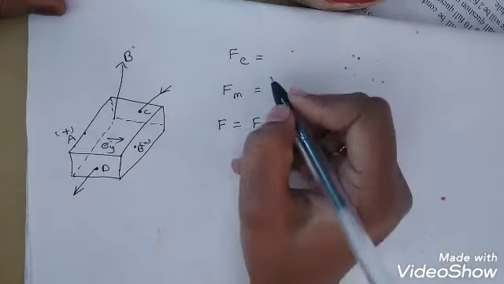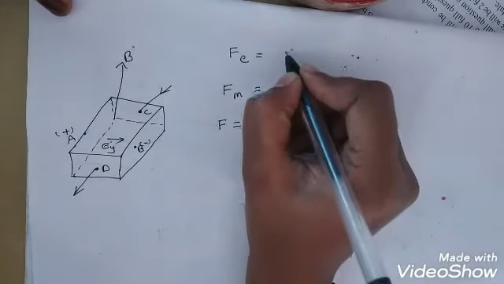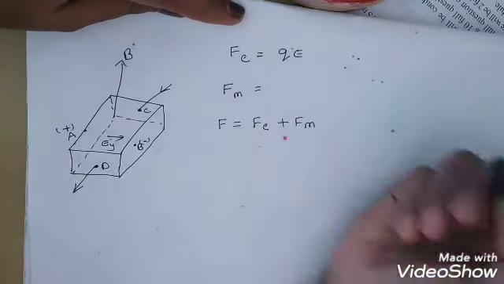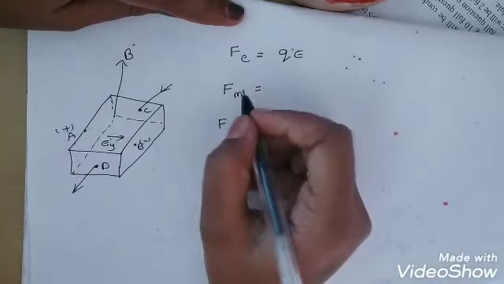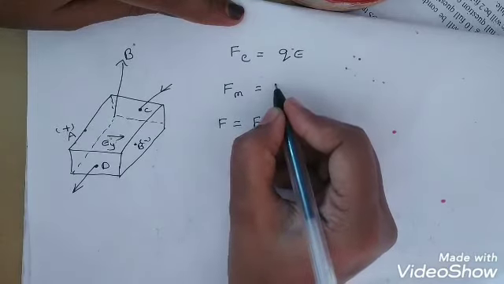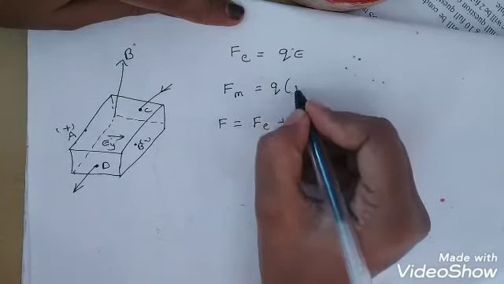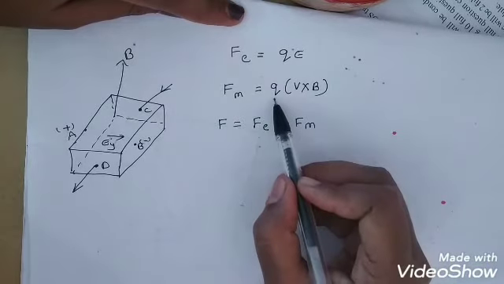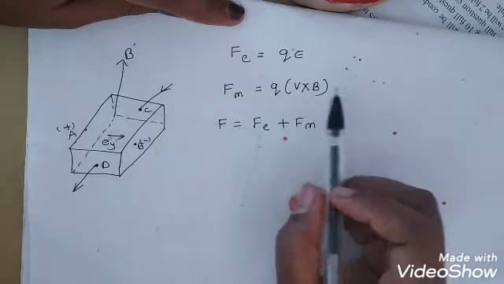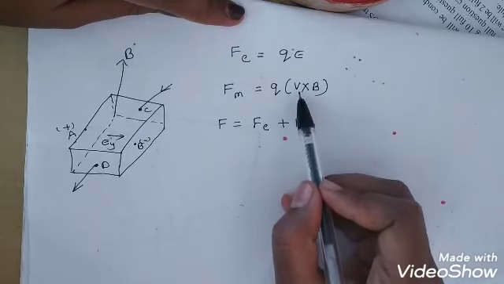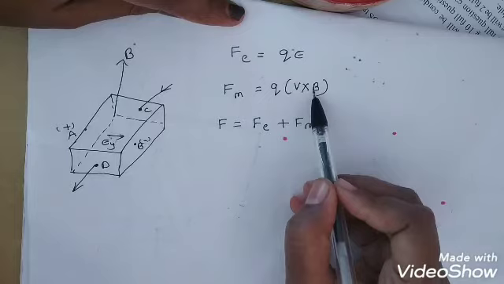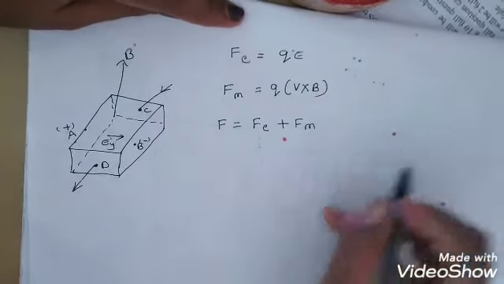Then the force due to the applied electric field, we know, is Q, the charge, times the applied electric field E. And the force due to the magnetic field is Q into V into B, where Q is the charge of the hole, V is the velocity with which the charge is moving, and B is the applied magnetic field.